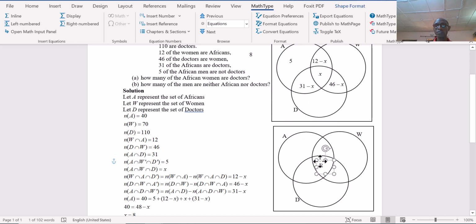The other one is 12 minus 8, which is 4. So this place will be 4.